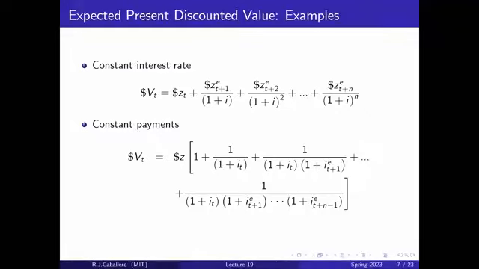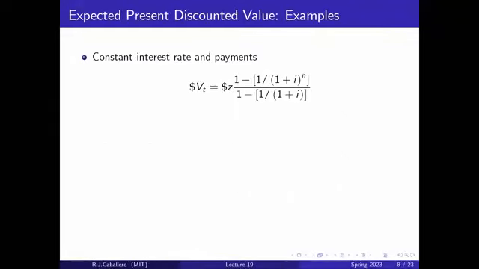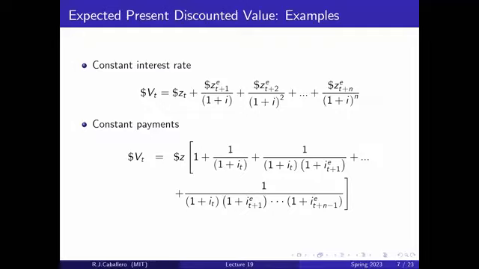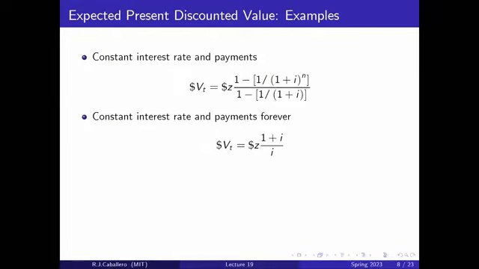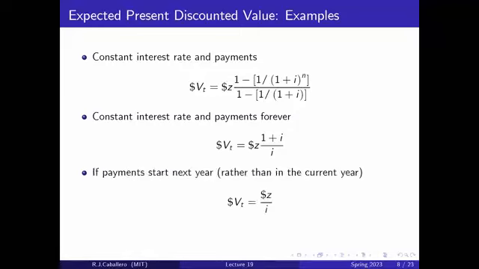And even simpler, if the interest rate is constant and the payment is constant, you get some simpler formulas like that. Then there are cases in which the asset lives forever, and that's the value. If you don't receive the first cash flow now, but at the beginning of next year or at the end of this one, then it gets even simpler like that.